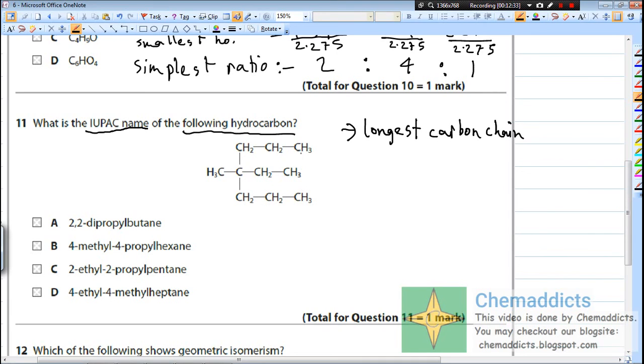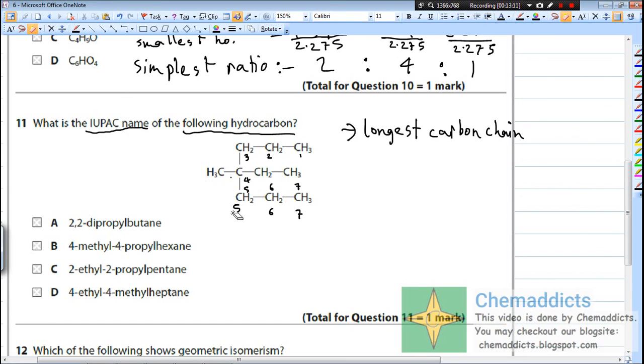So if we count, we get 1, 2, 3, 4, 5, 6, 7. I should write this smaller.